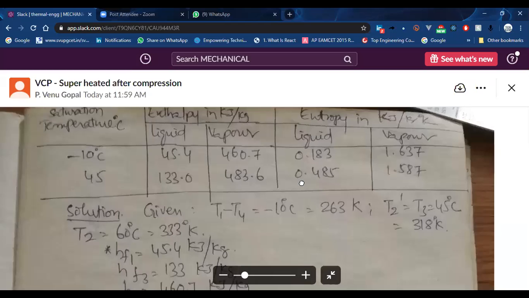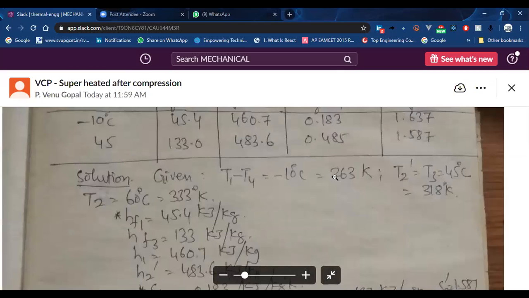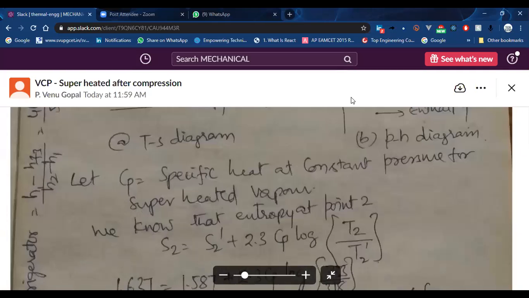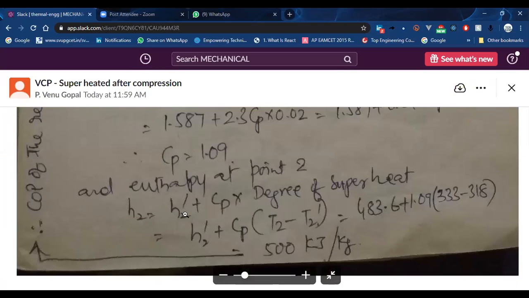Here there is a formula. Enthalpy of superheated vapor is, H2 is equal to H2 dash plus Cp into, correct. This I have explained in the previous units, the third unit. This is the formula.